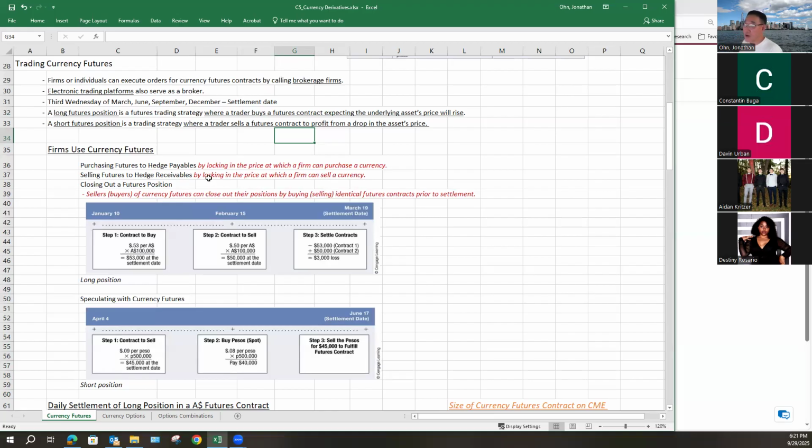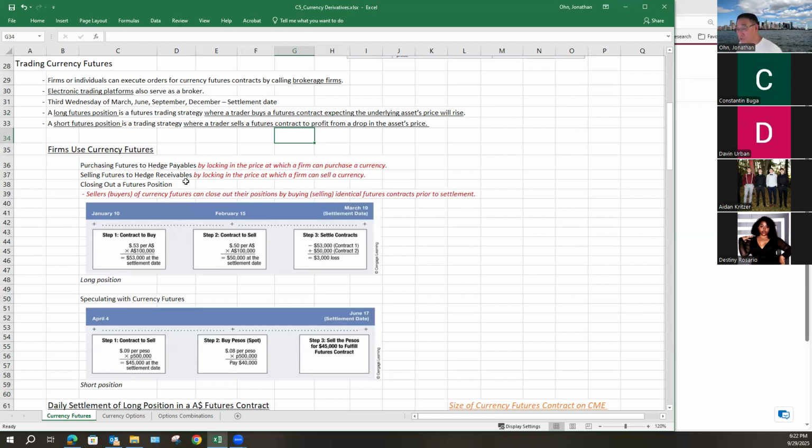A locked-in price. That is another reason you short a futures contract to hedge receivables, so that you can sell that 1 million euros in 3 months without any uncertainty. Okay, that's the one.